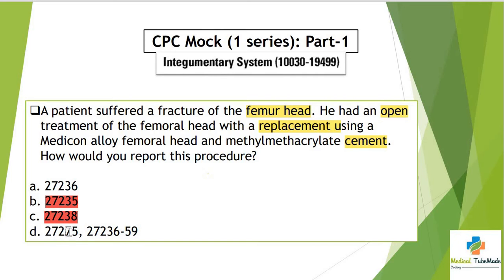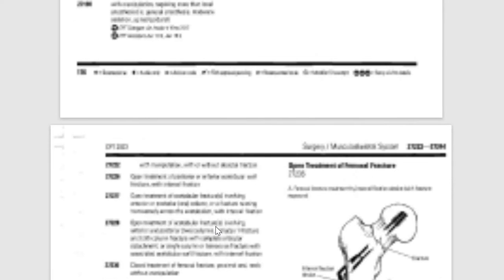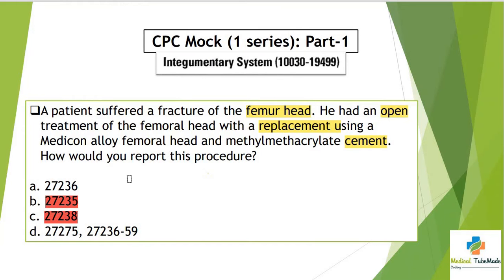Also we will check 27275. So 27275 is manipulation of hip joint requiring general anesthesia. So hip joint manipulation and anesthesia, but in our question nothing like that has been mentioned about the hip. This happened for the femur only, and no anesthesia is mentioned. So the third option is also wrong.